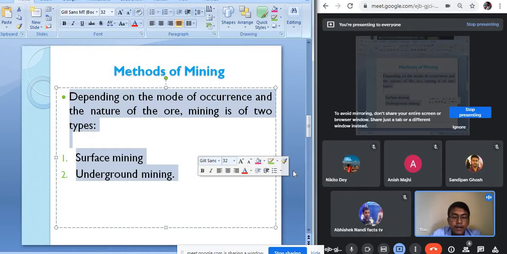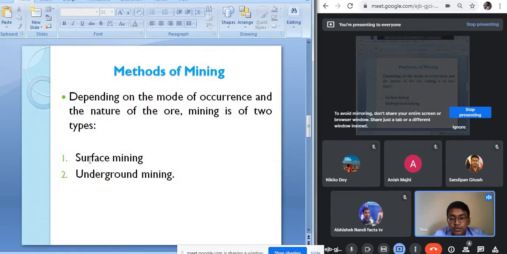For example, some coal deposits are available very close to the surface, so surface mining is mainly carried out. But petroleum deposits, and the coal which is available very deep inside the earth's crust, are mainly extracted by underground mining.